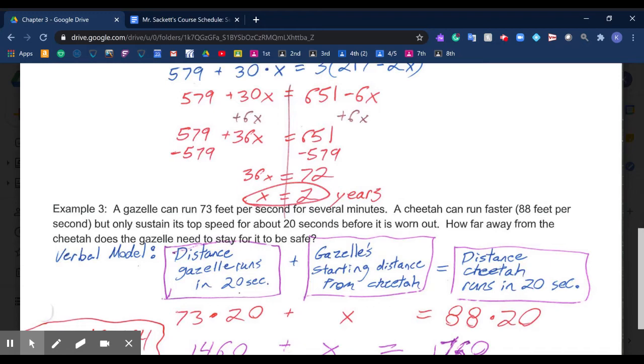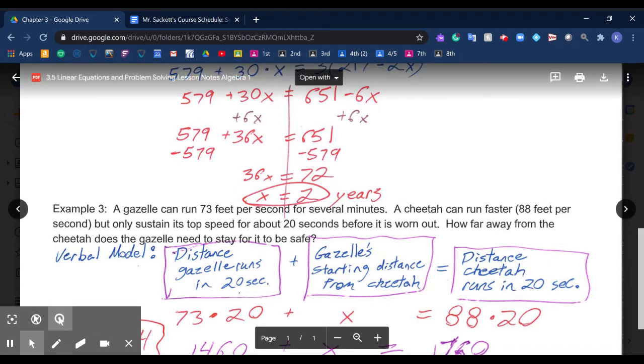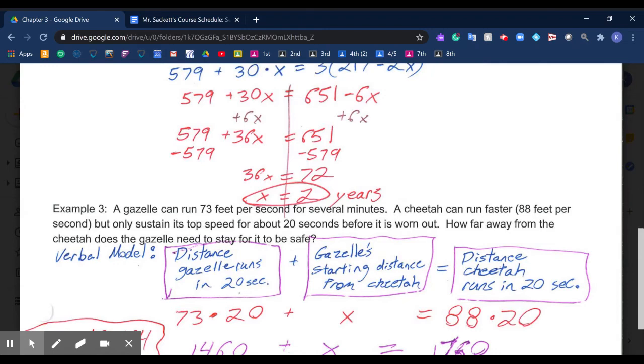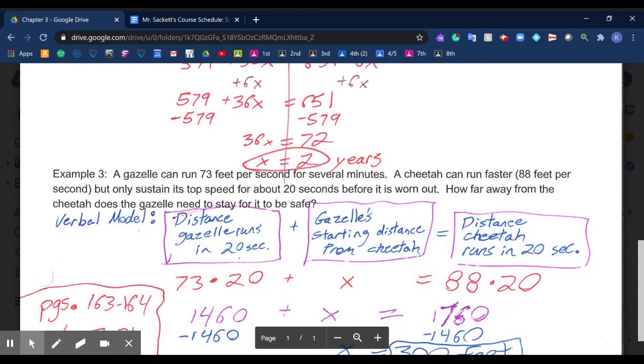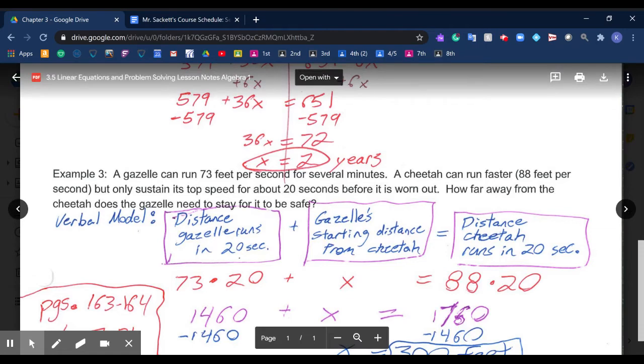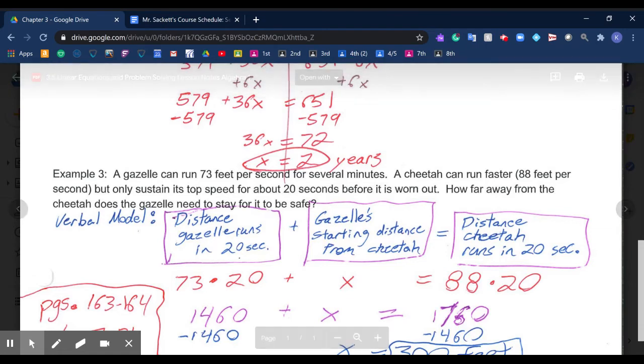So my verbal model would be the distance the gazelle runs in 20 seconds. So we're trying to use 20 seconds because we know that's how long the cheetah can run at its fastest. So the distance our gazelle will cover in 20 seconds plus that distance from the cheetah would equal the distance that the cheetah runs in 20 seconds. So the unknown part is how far that gazelle has to be from the cheetah.